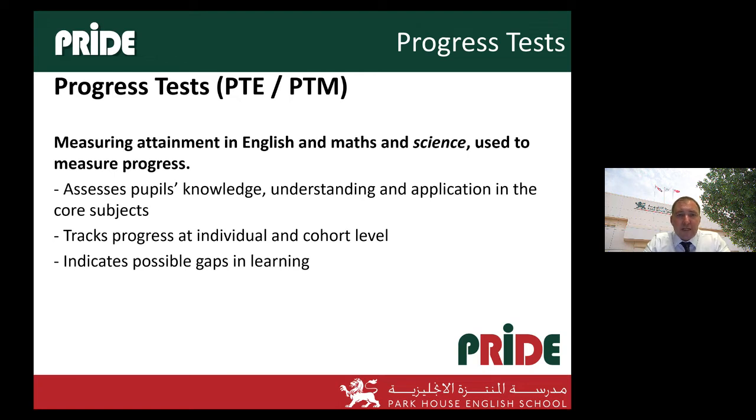We usually do this at the end of the year, and the point of this is to see if students are making adequate progress. So this judges them on previous progress tests they've done, maybe in primary school or a previous school, but we can also compare this to the progress that was expected from the CAT4 test.